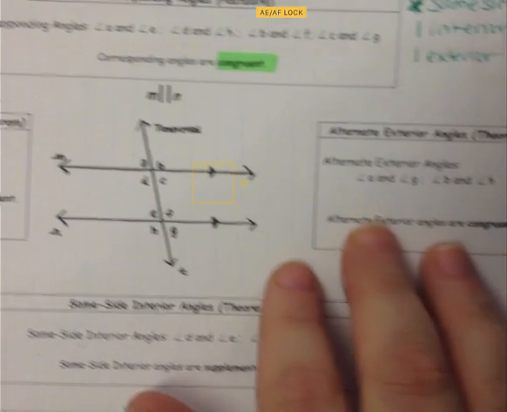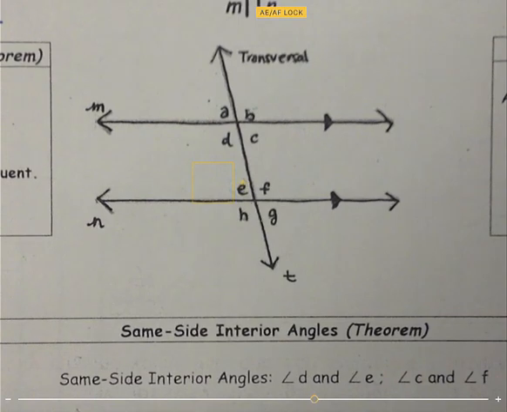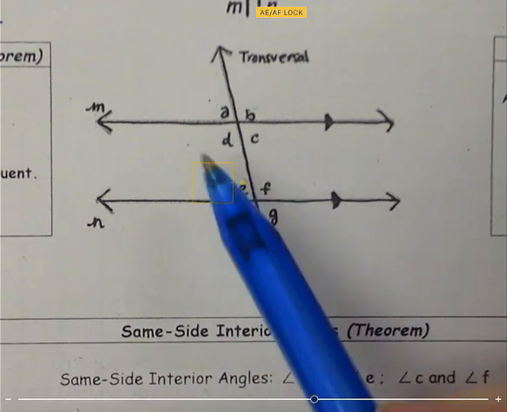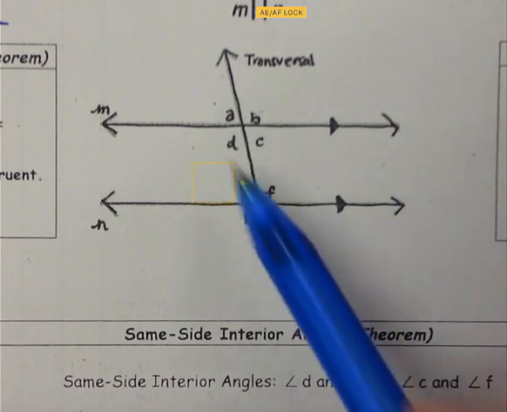So to think about alternate interior, if we look at this figure right here, alternate means we have to have one on the left-hand side and one on the right-hand side, and they have to be inside.